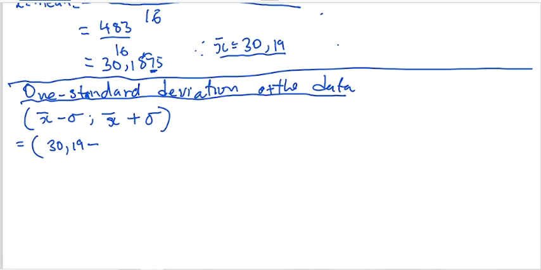So 30,19 minus 20,64, and this is the lower boundary. The upper boundary is going to be 30,19 plus 20,64.